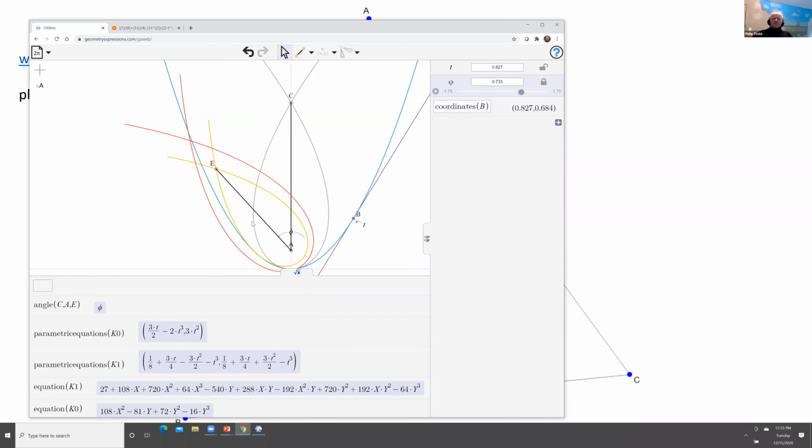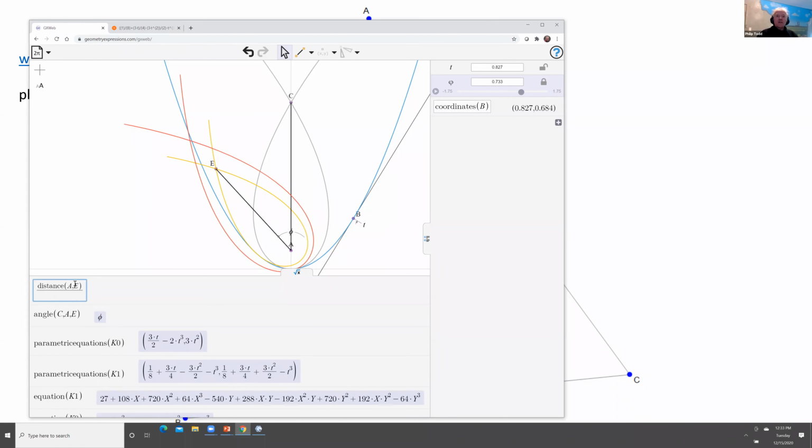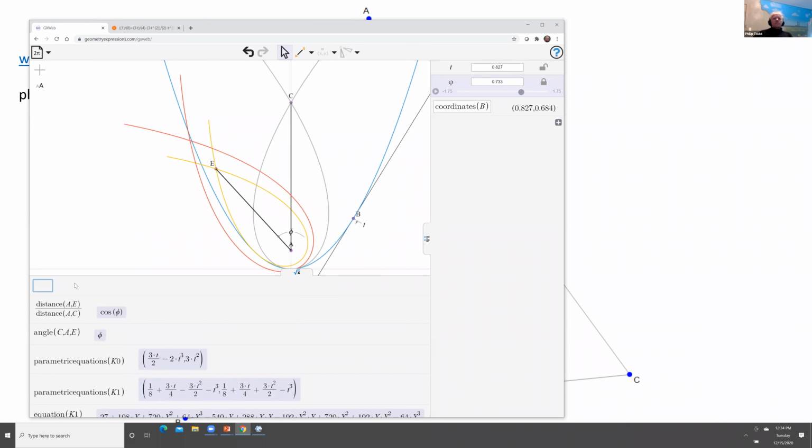We now would like to see what the scale factor is, so we need the distance from A to E divided by the distance from A to C. That's cos phi. So we now need to do a scaling on this one. We dilate with a center of dilation A and a scale factor of cos phi. And it lands right on top.